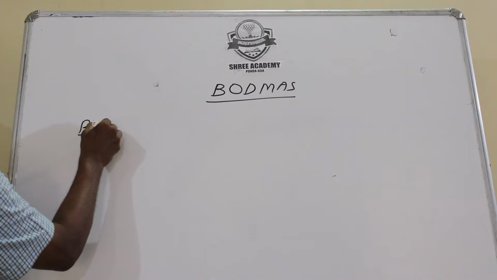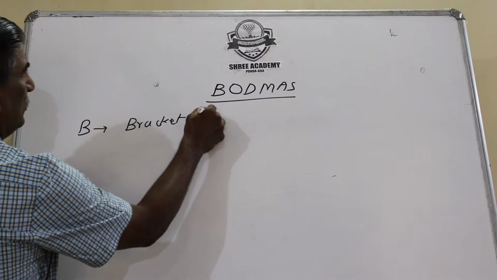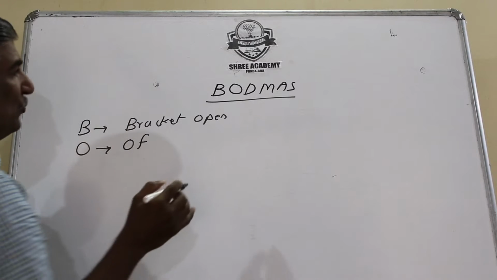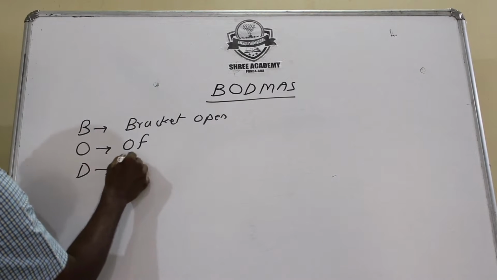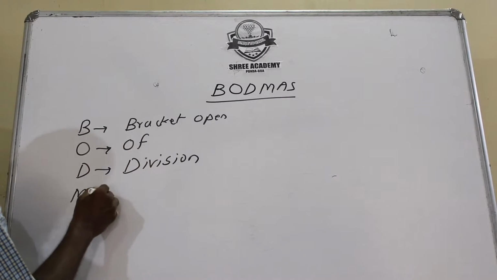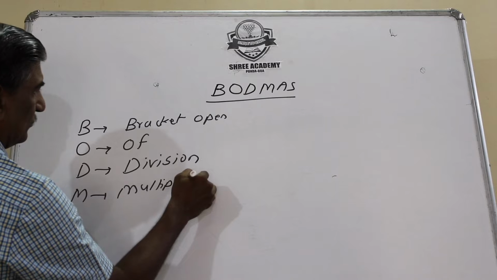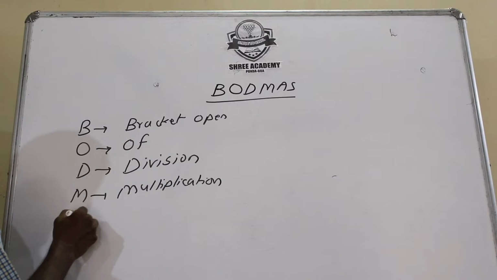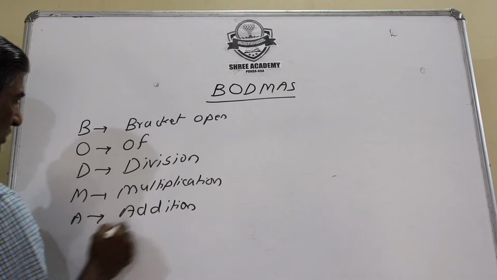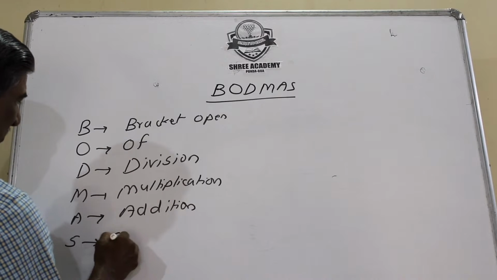Now B stands for bracket open, O stands for of, D stands for division, M stands for multiplication, A stands for addition, and S stands for subtraction.